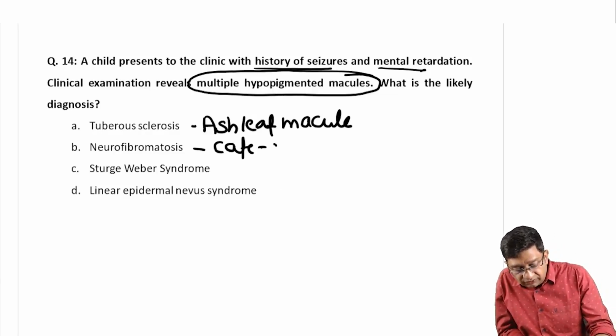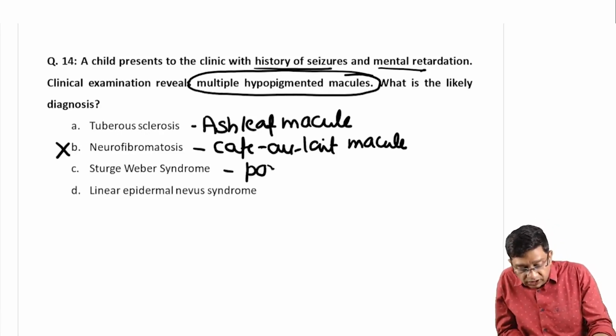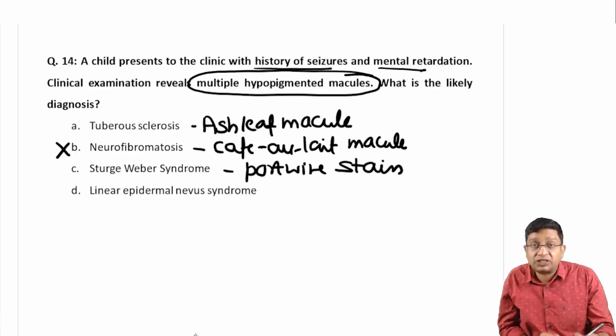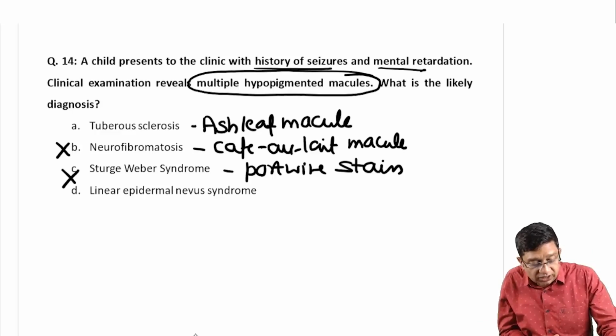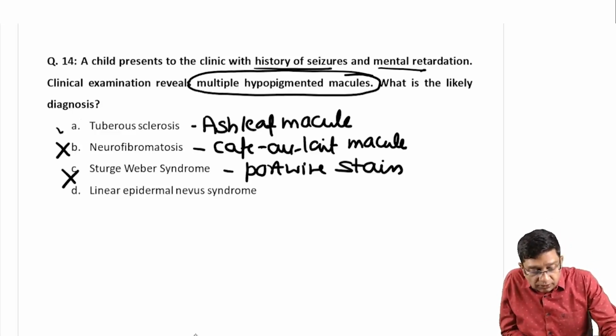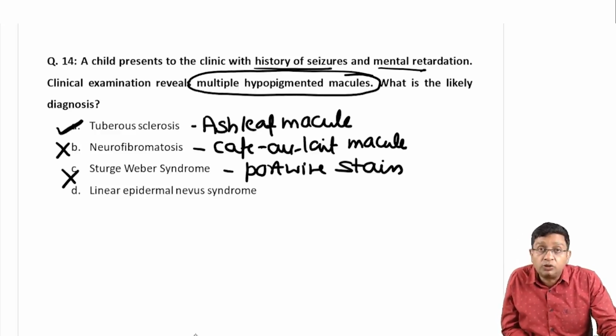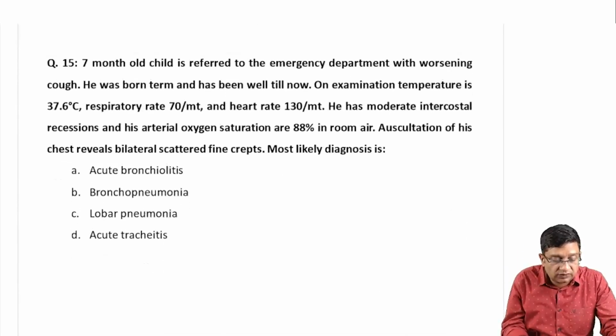Neurofibromatosis has cafe-au-lait macules, but those are hyperpigmented, so they are ruled out. Sturge-Weber syndrome has a port wine stain, which is a blood vessel malformation, not hypopigmented, so that is ruled out. So the most probable answer is tuberous sclerosis.